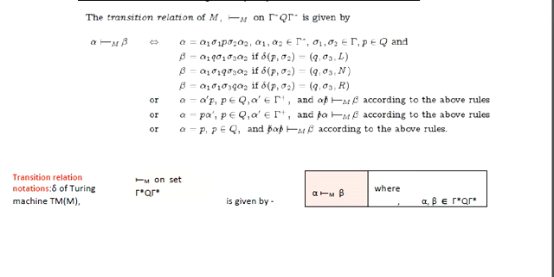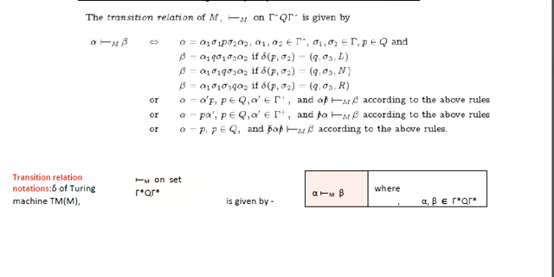So if I have a state, not the initial one, I have a state p pointing to sigma 2, and if I get the new state q and the new symbol sigma 3, and if I have a left movement, then I will get the output beta, where alpha 1, q, sigma 1, sigma 3 and alpha 2.